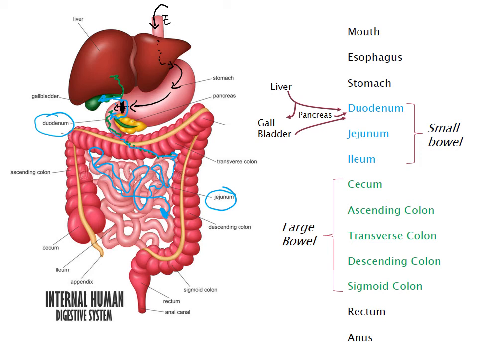It goes now into what's called the ileum, and then it travels around the ileum, at which point the ileum dumps into the cecum. So where's the ileum? There's the ileum. Should probably color the cecum a different color here. So now we have the cecum as the beginning of the large intestine. So we have the duodenum and the jejunum and the ileum as the small bowel. And now we're going into the large bowel with the cecum.